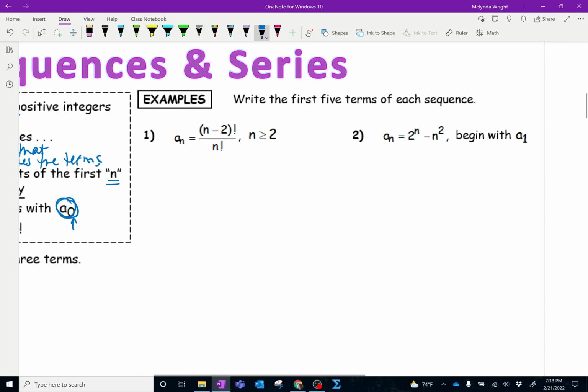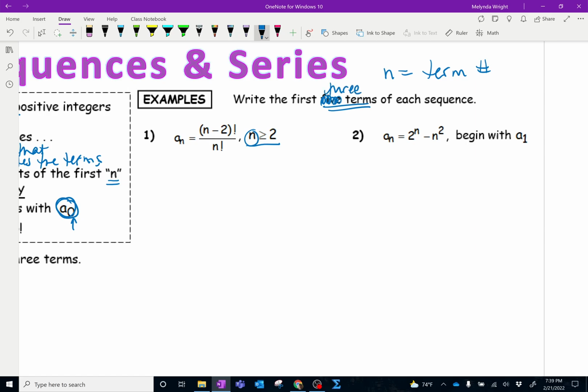Okay, so let's look at our first example. We want to write the first 5 terms of each sequence. Here n is the term number. We're going to change this to 3 terms because I think you'll get the idea with 3.